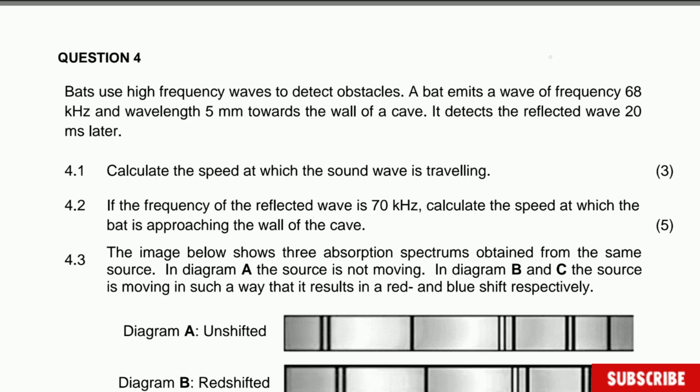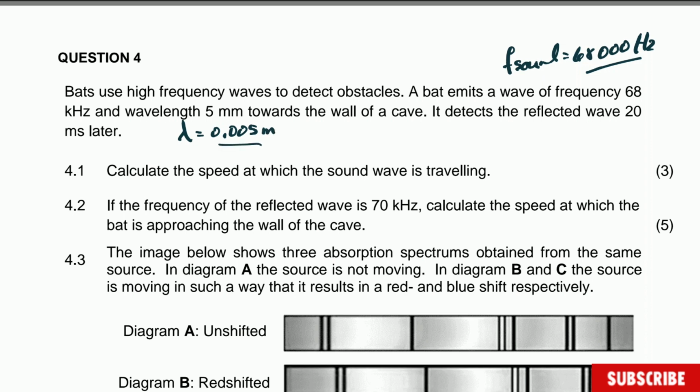The frequency emitted is the frequency of the source, or frequency of sound, and it is going to be equal to 68,000 hertz. They are giving you that one there. And the wavelength is 5 millimeters. Therefore, the wavelength is going to be equal to 0.005 meter.